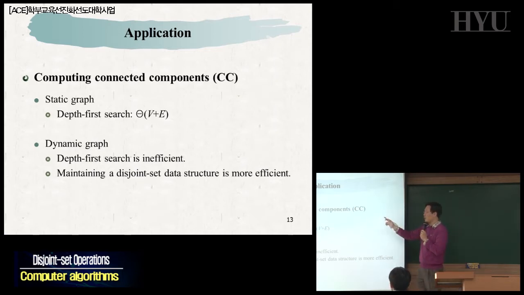Then we can find all connected components in theta of V plus E time using depth first search. Think it over: how can we find all connected components using the DFS?